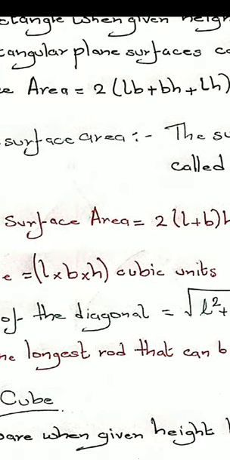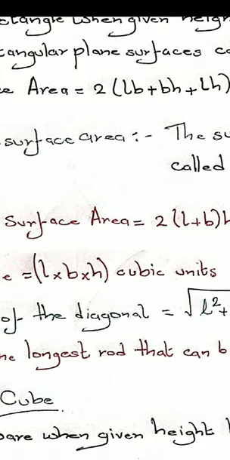This can also be easily memorized. Let me iterate on this point: in case of volume, the unit should be cubic units. Don't miss out on that. The length of the diagonal is the longest rod that can be placed inside the cuboid. That means if I have a room, the longest rod that I can place inside the room is the length of the diagonal.